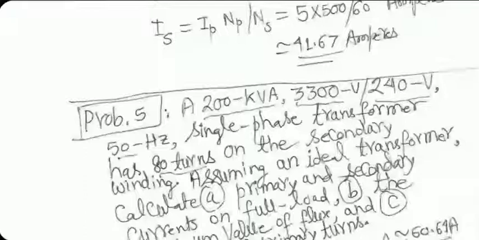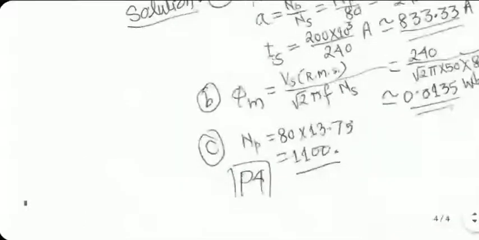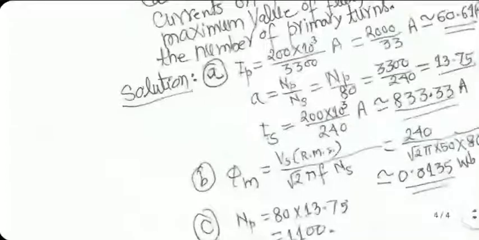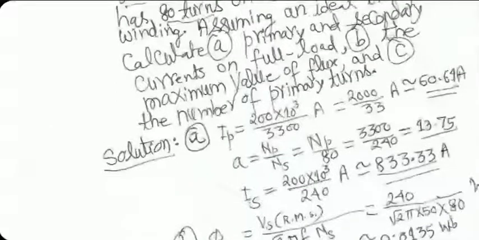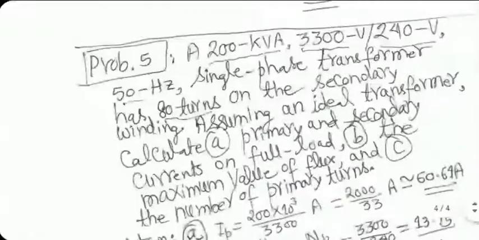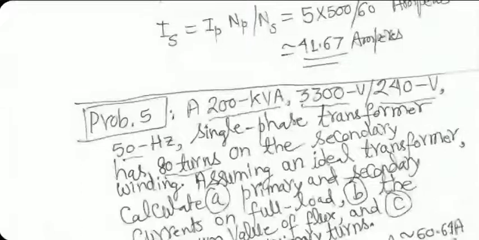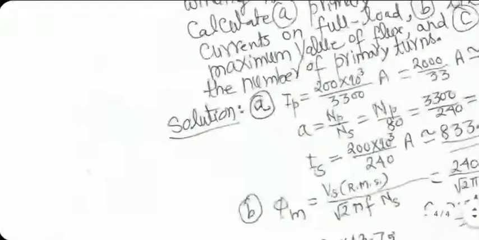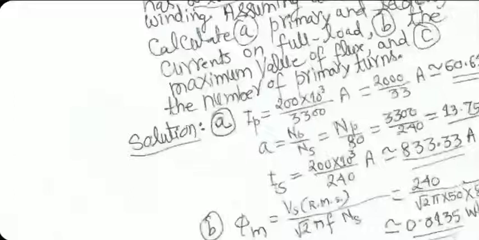NP is not given, but you know a based on the ratio of the primary and secondary voltages. 3300 divided by 240 is the value of small a. So you use that information and you use the value of NS to figure out NP.